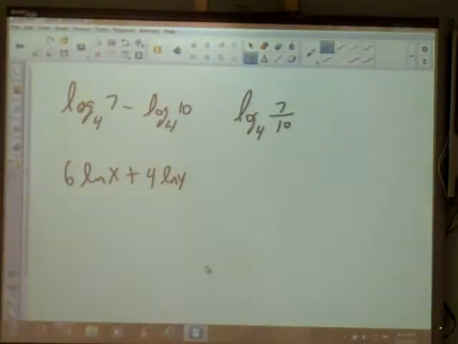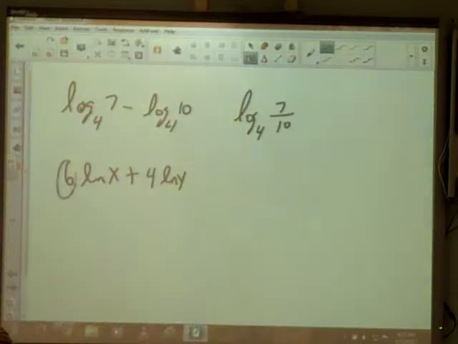Okay, that says 6 ln x plus 4 ln y. Those are ln's, natural logs. 6 ln x plus 4 ln y. Alright, so what property is involved when there's a number out in front of the log? Power.